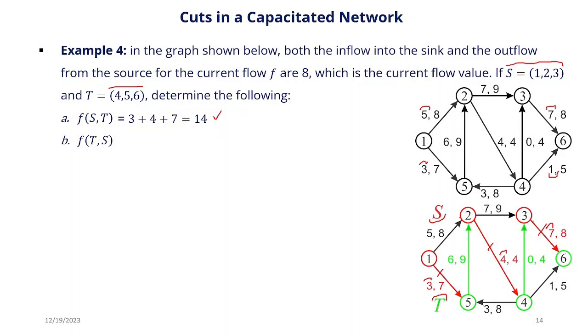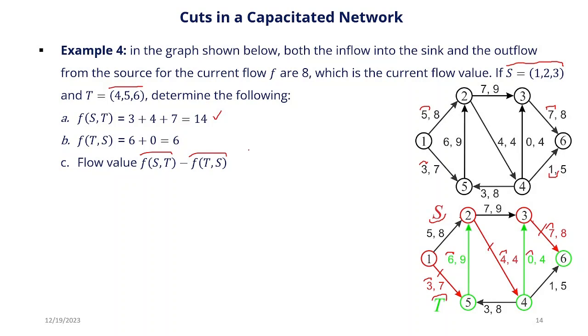What about the flows from the sink to the source? We have 6 plus 0, which gives us 6. Third question is the flow value, which is the flow from source to sink minus the flow from sink to source.